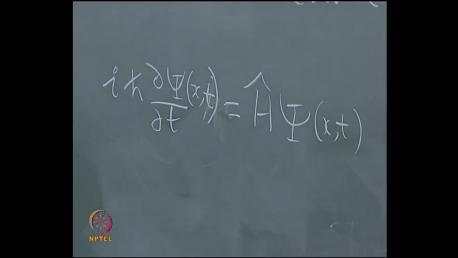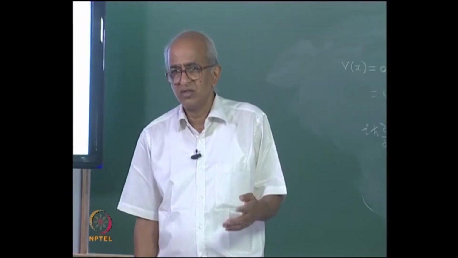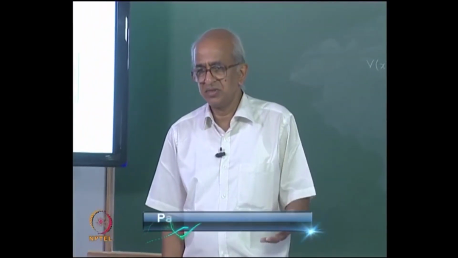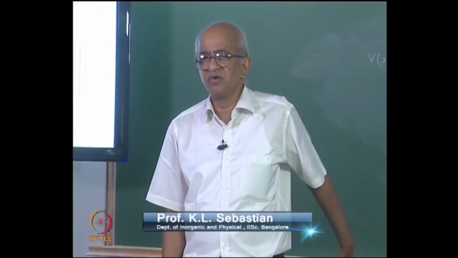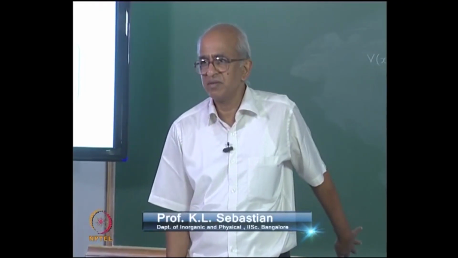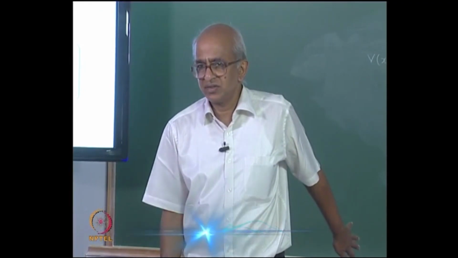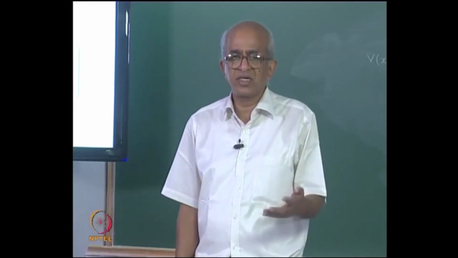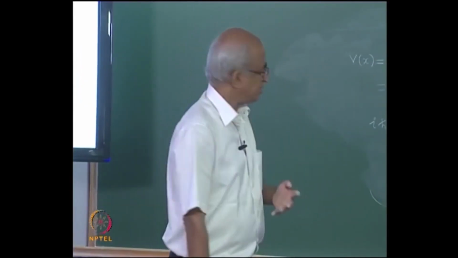Now, this obviously is an example where the potential energy does not depend on time, it does not change with time. Therefore, it is possible for me to find what are referred to as stationary states. And in order to find a stationary state, what should I do? The answer is very simple.